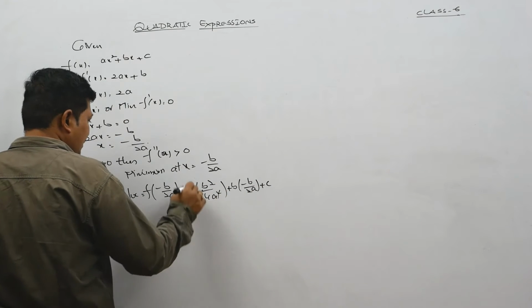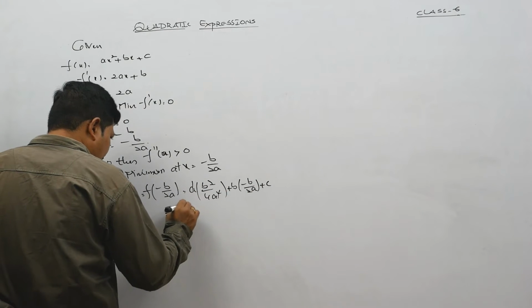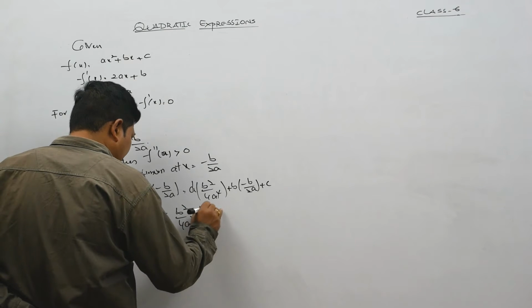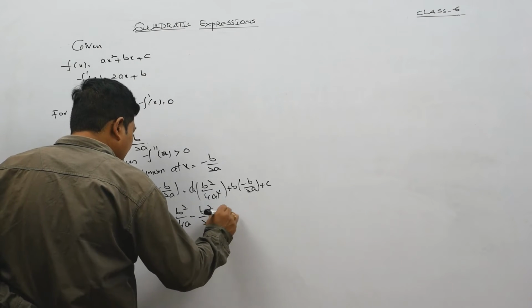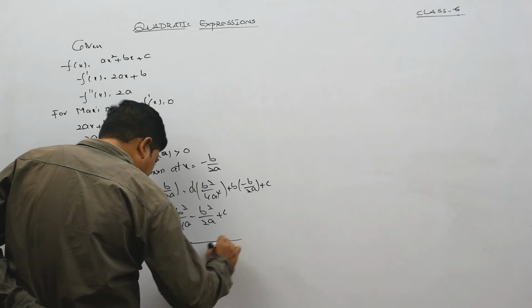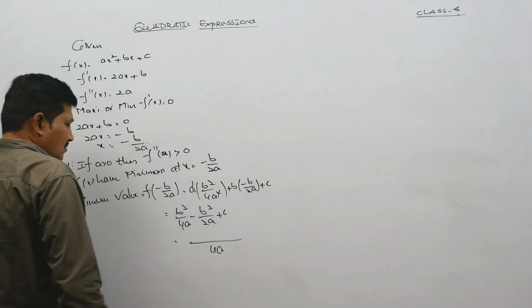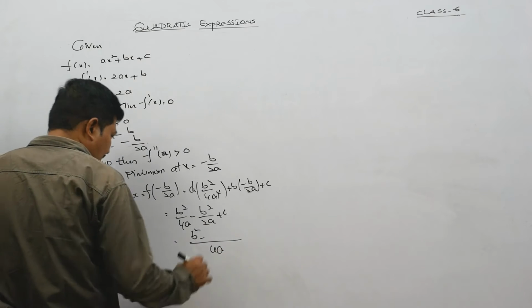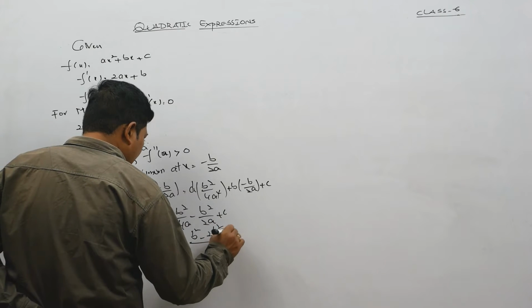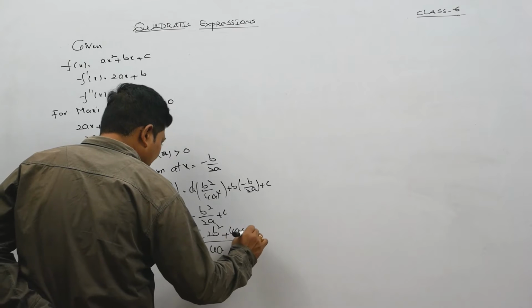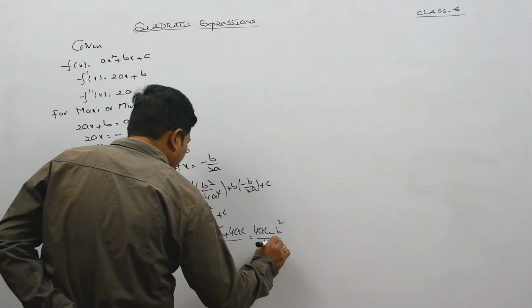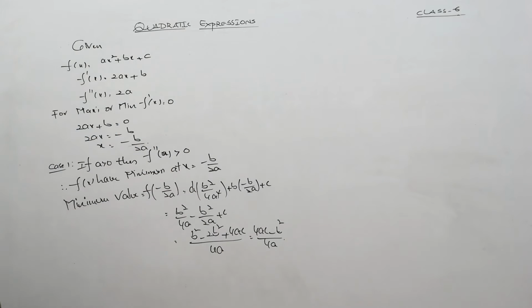So cancelling, it is equal to b square by 4a minus b square by 2a plus c. So take LCM as 4a. So b square minus 2b square plus 4ac, and writing in reverse, 4ac minus b square by 4a. So this is the minimum value of that function.